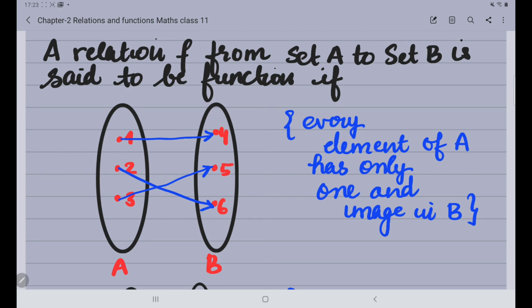All the elements in the domain of a function have only one image in their codomain. That is the second element, where the image is formed, which you can also call the codomain in a function. And the first elements are called the domain in a function.